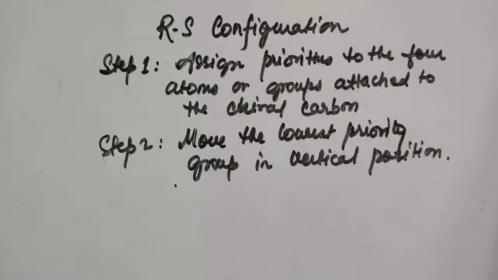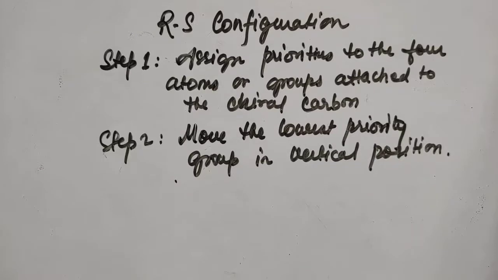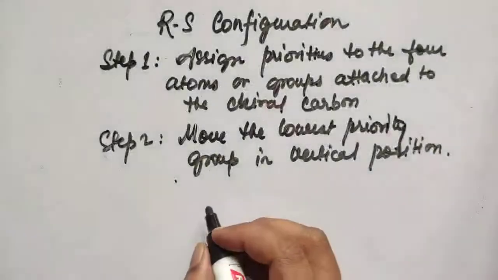Now the second step says that we have to move the lowest priority group in the vertical position. If the lowest priority group is present in horizontal position, we have to move it in vertical position. If it is already present in vertical position, then it is okay. But if it is present in horizontal position, then we have to move it in vertical position by making interchanges. And if we are making the horizontal group to vertical position, then we have to make 2 interchanges successively. Let us see in this example.